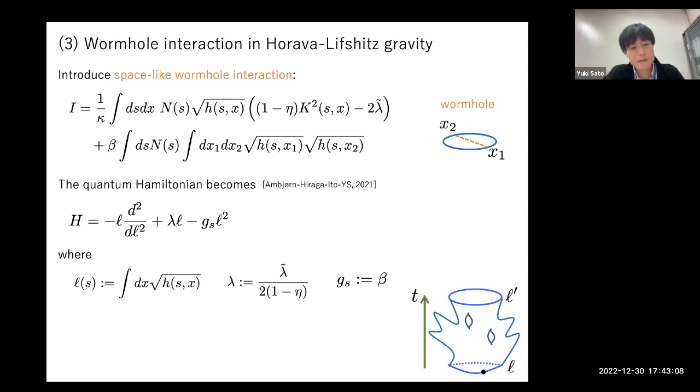Naively, I think this negative potential may not be related to traversability, but maybe related. Sorry, I can't answer that question. But yes, it is true that this contribution produces negative energy, a negative potential.